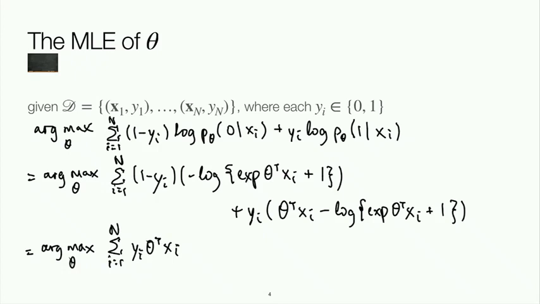And the other term is 1 times this thing, minus log of exp theta transpose xi plus 1. All the other terms cancel out: minus yi times log of that thing plus yi times log of that thing just go away. So with some algebraic manipulation, this is what we end up with as the MLE problem we're trying to solve.